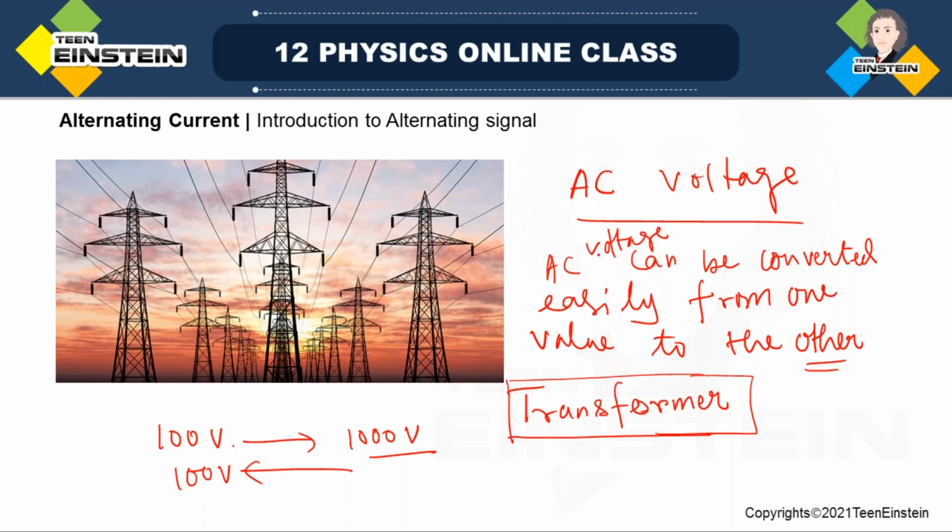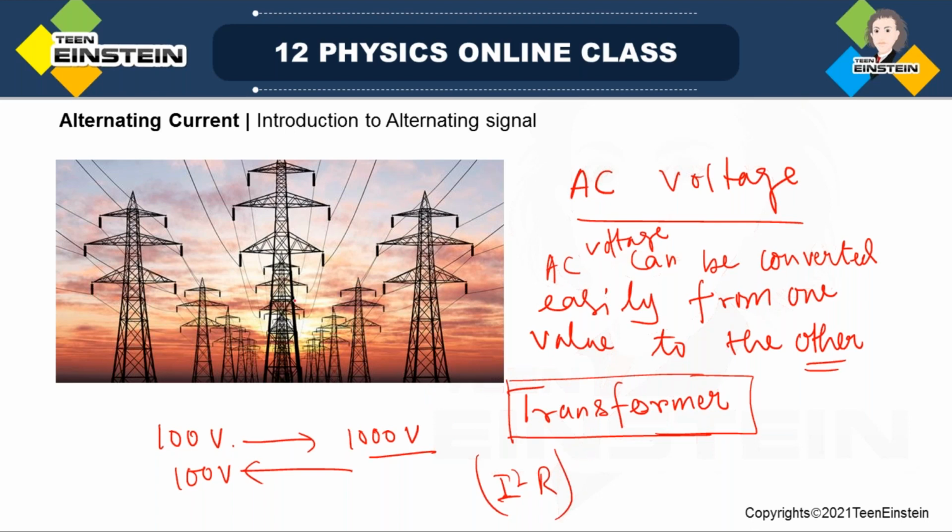Other than that, another advantage of using AC is, during this transmission itself, we have already learned that there is joule heat loss. So there will be huge power loss if you use DC instead of AC. In case of AC, power loss is less.